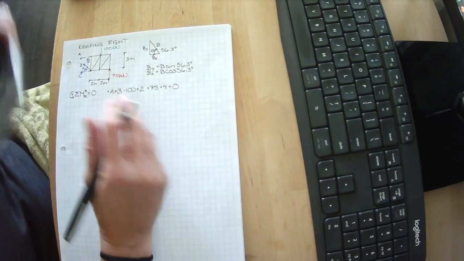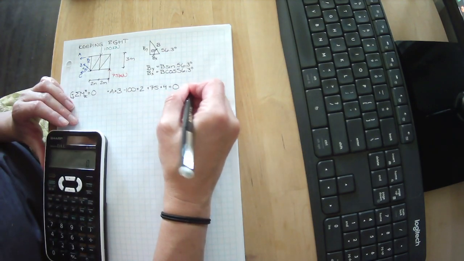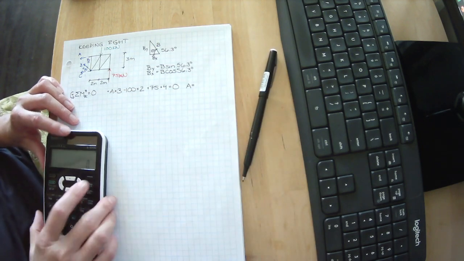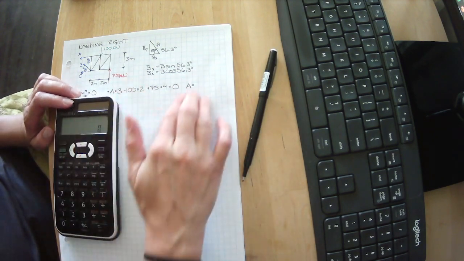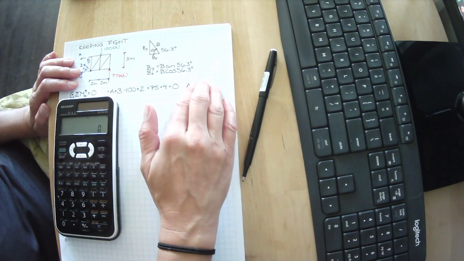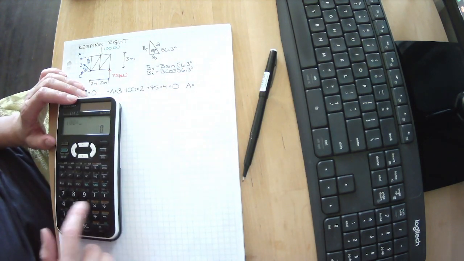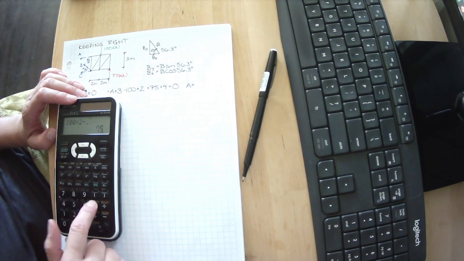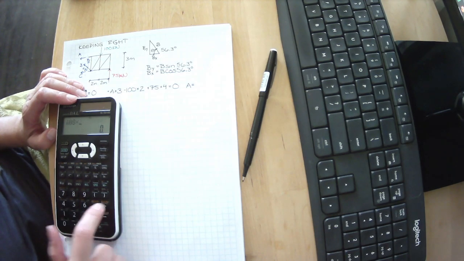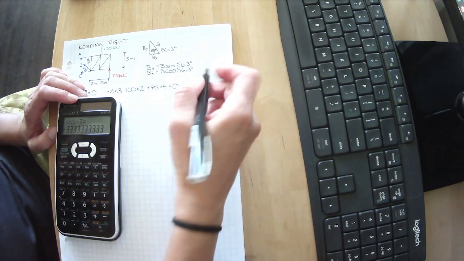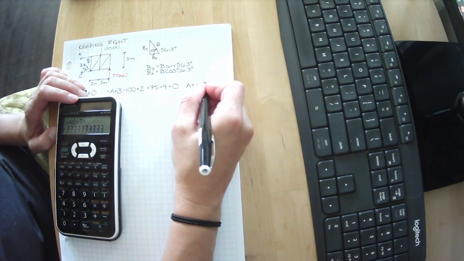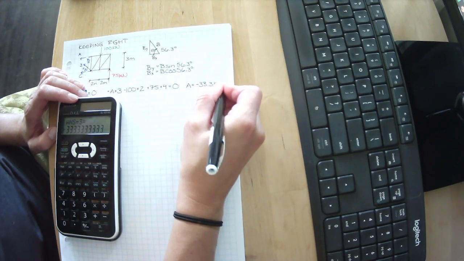Well, now I can solve directly for A. A equals, bring 100 times 2 over, bring 75 times 4 over. So I've got 100 times 2 minus 75 times 4, divided by 3, equals minus 33.3 kilonewtons.